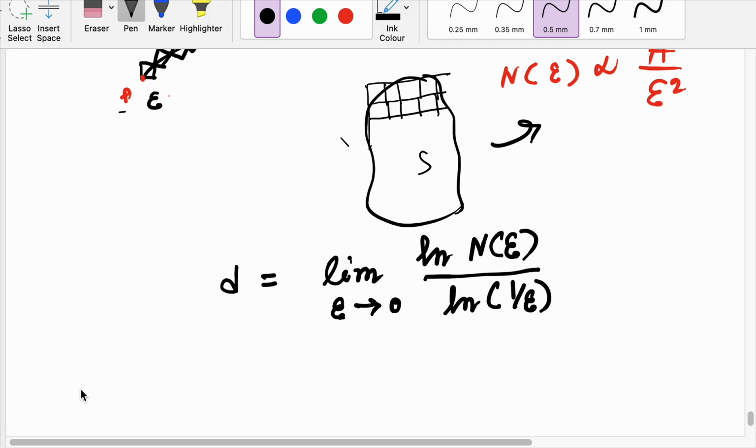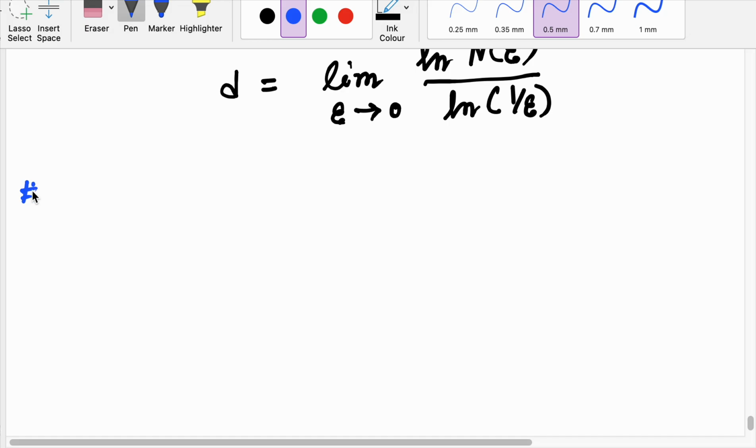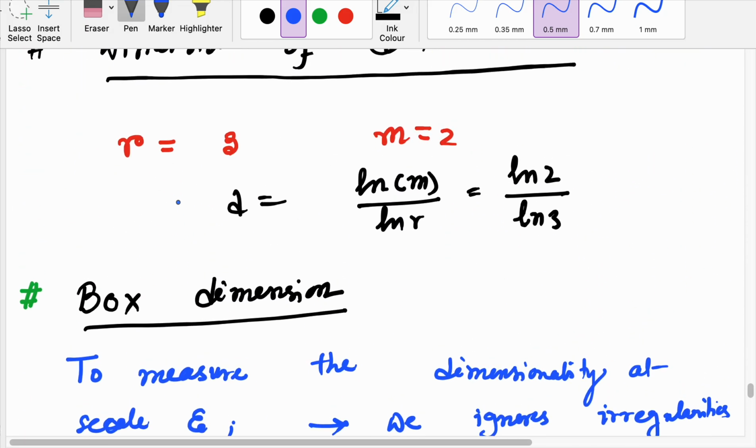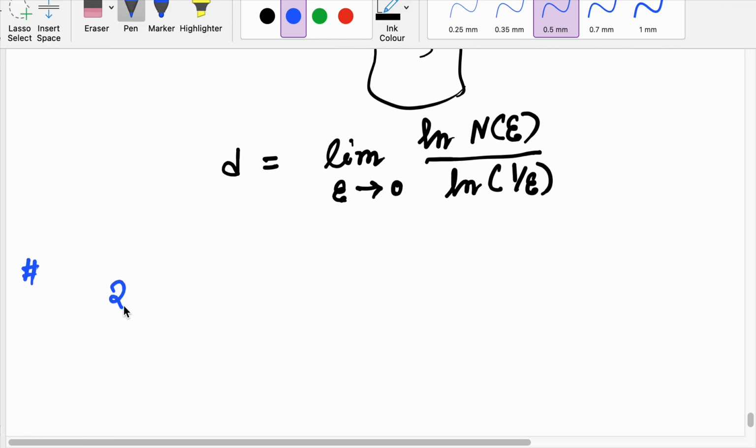So let us see whether this definition matches with the similarity dimension or not. First, let us see it for the Cantor set. For the Cantor set, we know that 2 to the power n copies are required if I choose a smaller object of length 1 by 3 to the power n.